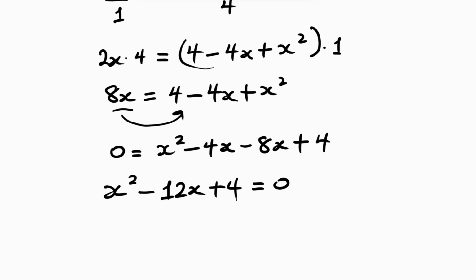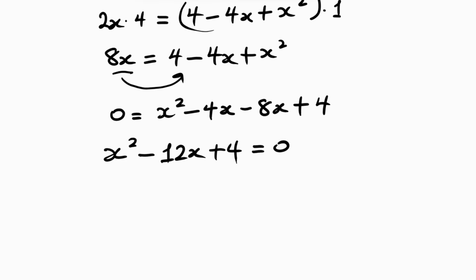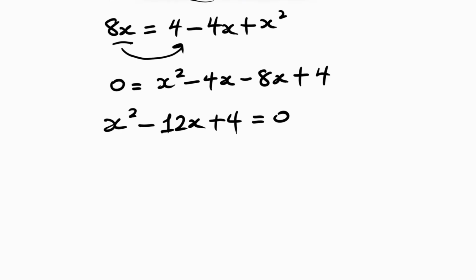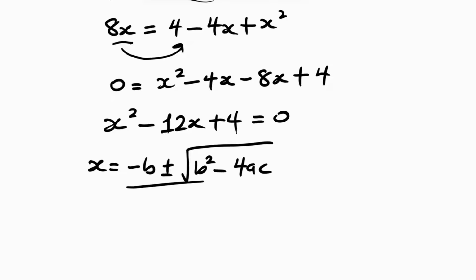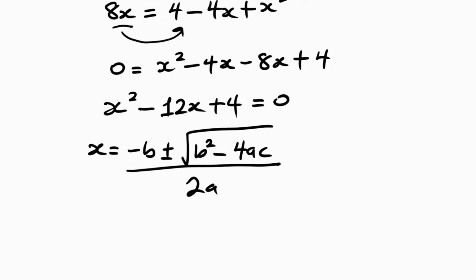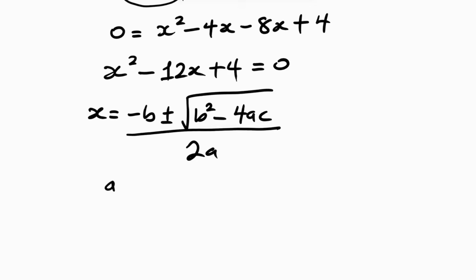So now how do we find the value of x? We can proceed by introducing the quadratic formula, where we know that our x is equal to minus b plus or minus the square root of b squared minus 4ac, divided by 2a. And here our a is equal to 1, our b is minus 12, and our c is equal to 4.